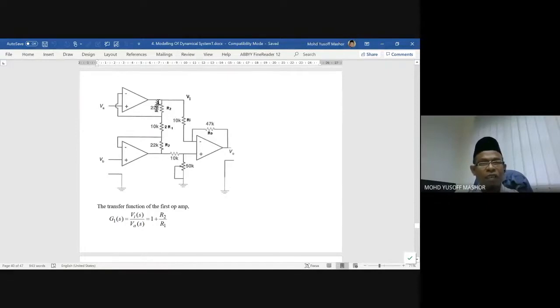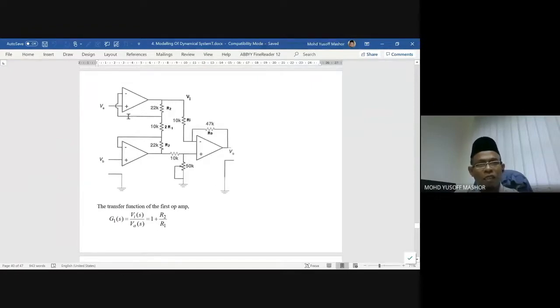In this case, Z2 is here. Z2 is always the component that we connect to the output. So the output here is R2, so R2 must be equal to Z2.